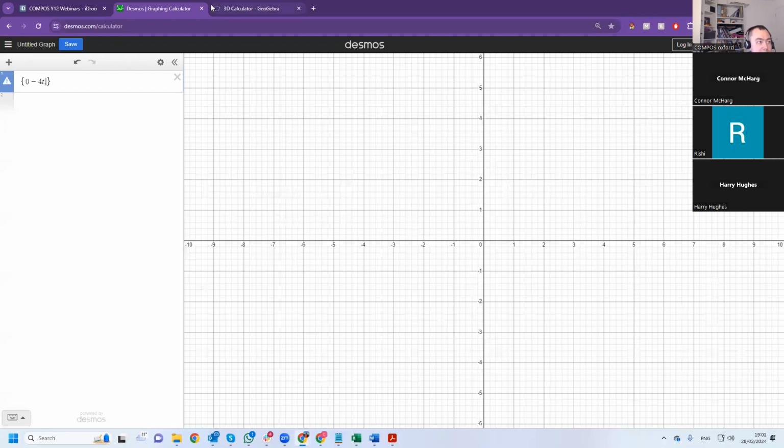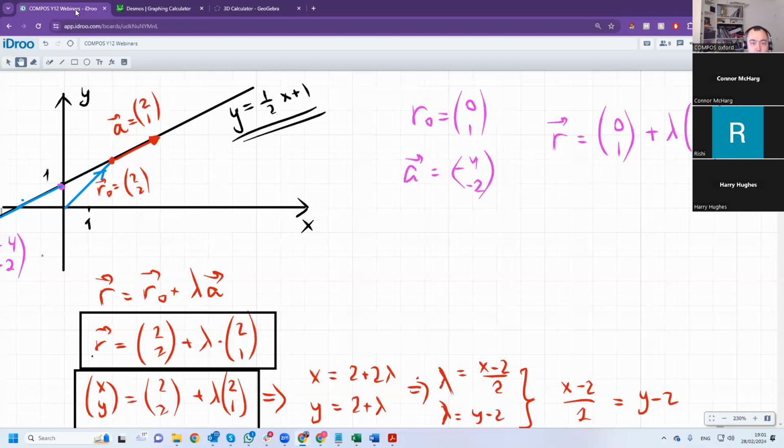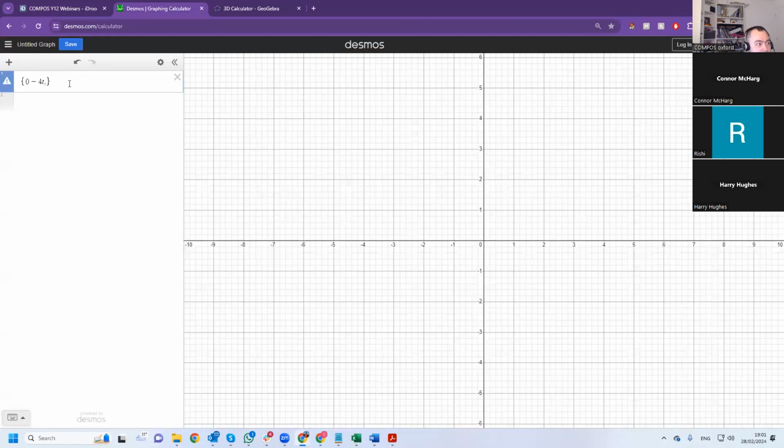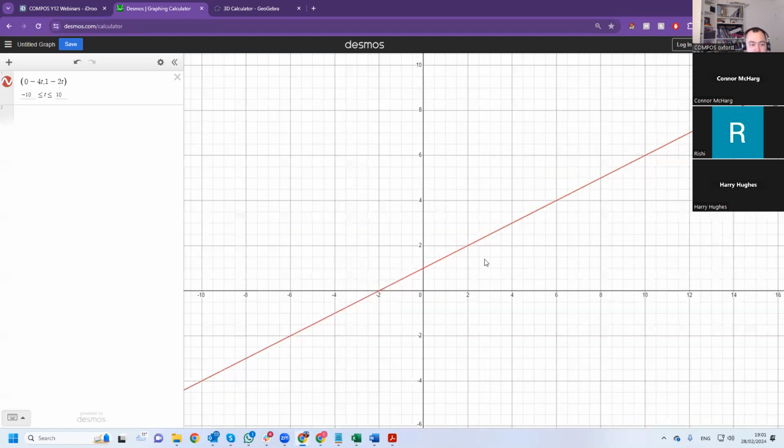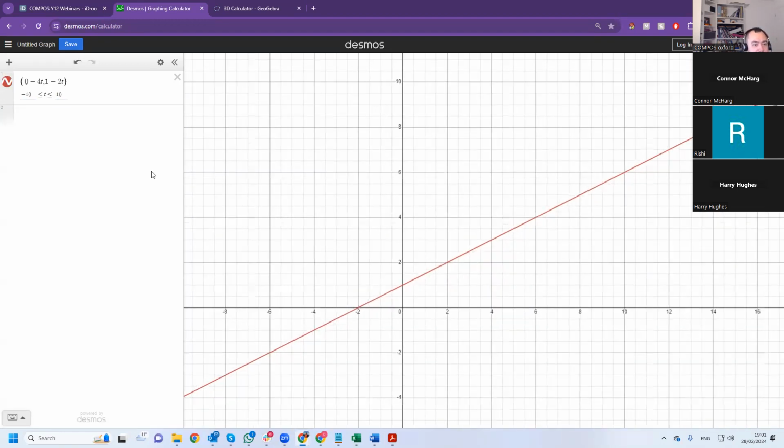And this one, 1 minus 2 lambda, 1 minus 2t. Doesn't like it? Oh, it's round brackets. And t is from minus 10 to plus 10. Here it is. Here's a straight line.